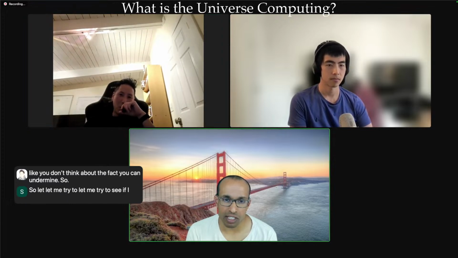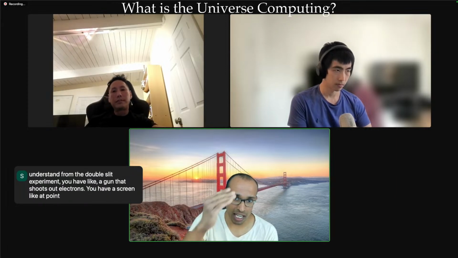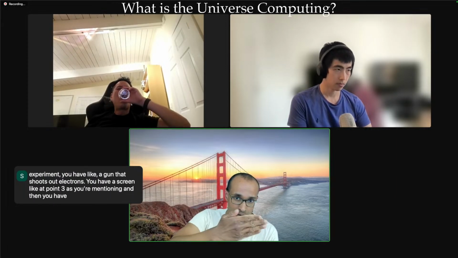So let me try to see if I got this, or come up with another way of explaining this, and let me know if I'm right. From what I understand of the double slit experiment, you have a gun that shoots out electrons. You have a screen at 3, as you mentioned, and a barrier in the middle, at 2, which has two slits going through it.